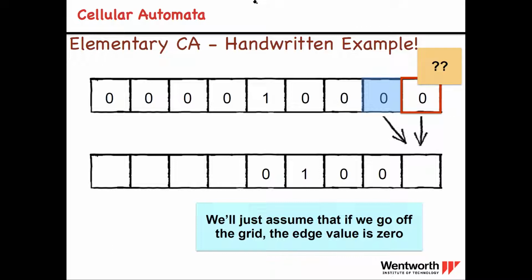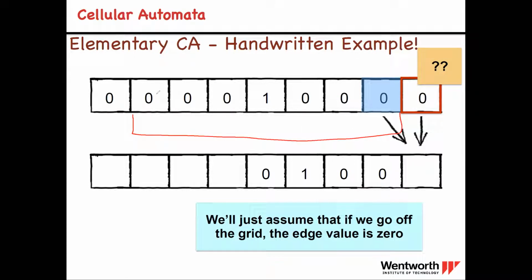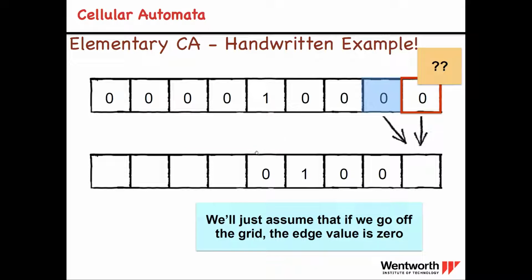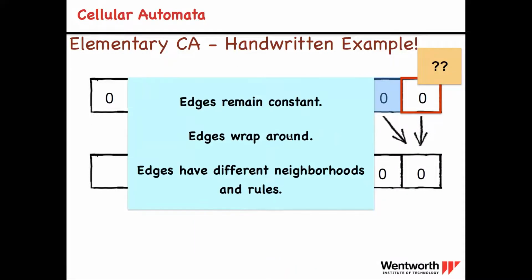Or maybe what we'll probably actually code up is we're only going to consider these values when we look at a center cell. That way we have the edges fixed or static at 0. The edges, I think, will never change in the version that we code up. It'll make things a little bit easier for us, and I'll show you how we can get that coded. But there are other ways to handle it as well. Things like maybe the edges remain constant. That's what we're going to do.